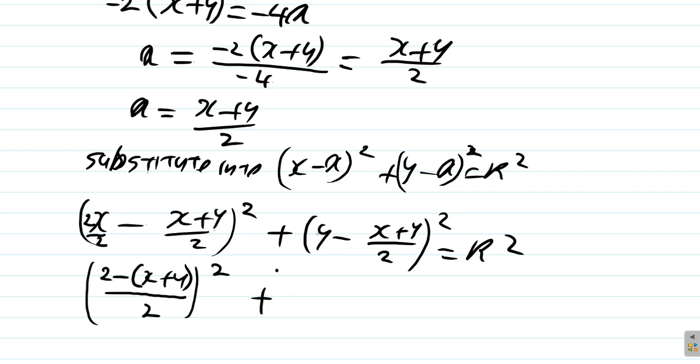Plus, remember this part is just fractions. Let's put the y over 1 and then multiply top and bottom by 2. Oh, 2x, I should write here. Yeah, 2x minus that. So this would be 2y minus x plus y all over 2.